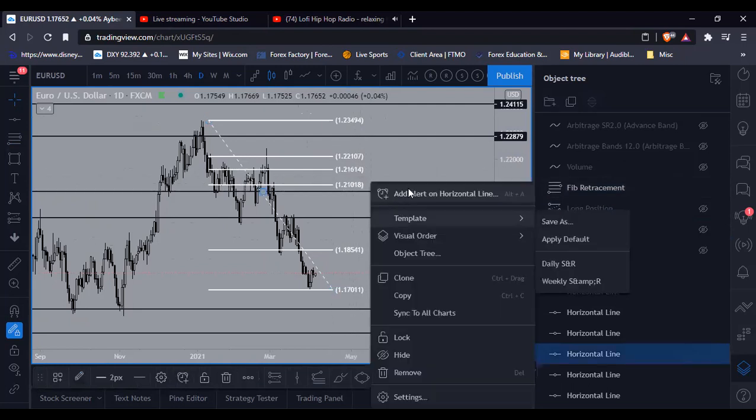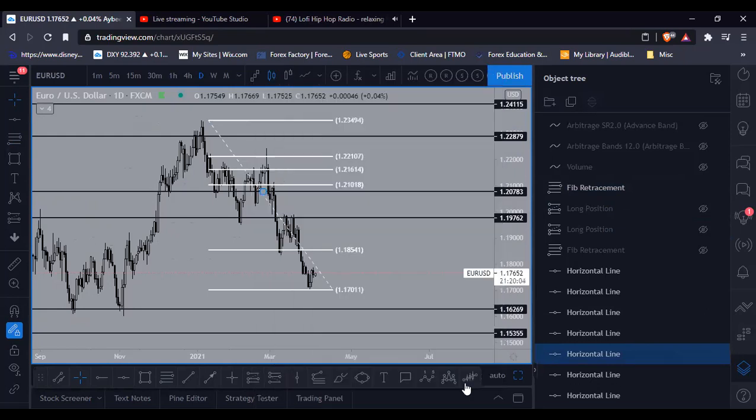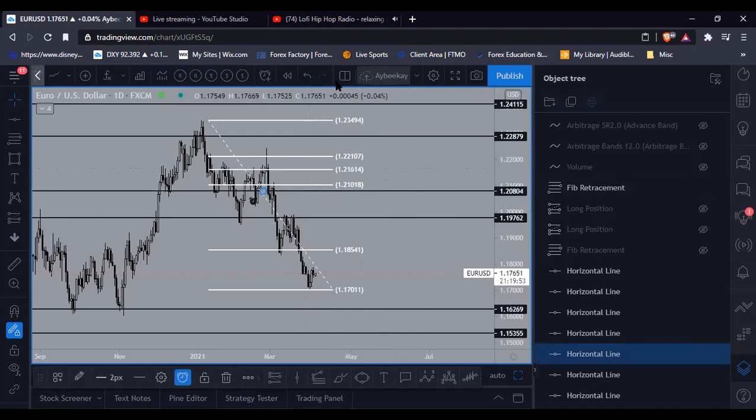So again, I'm going to put an alert here. Look for potential sells. And this is where I'm looking if I'm going to get into sells. I'm going to get it up here. I'm not putting it at the 61.8 because this is basically right there. It's like same thing, basically, just a little bit of a distance.